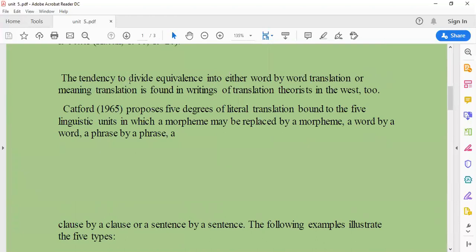The tendency to divide equivalence into either word by word translation or meaning translation is found in the writing of translation theorists in the West too.